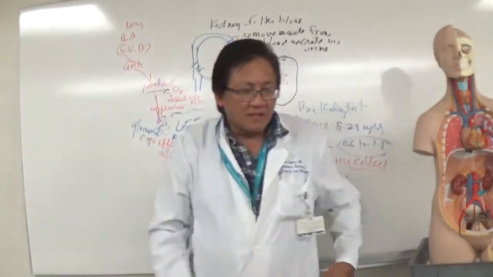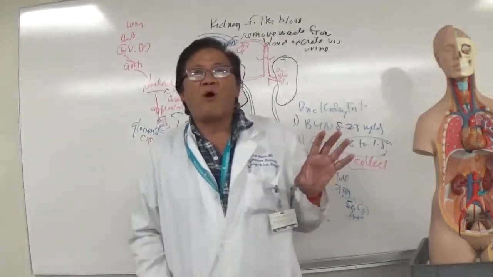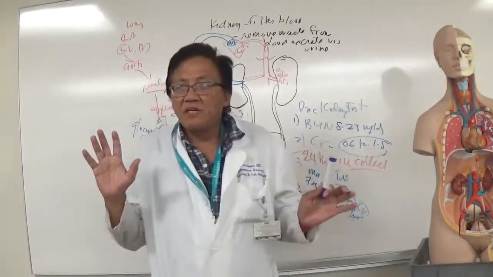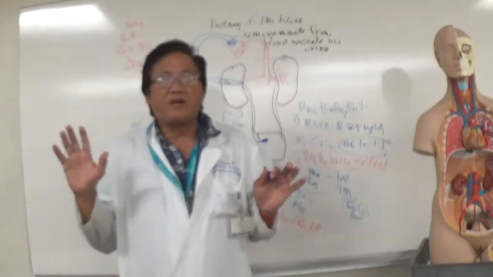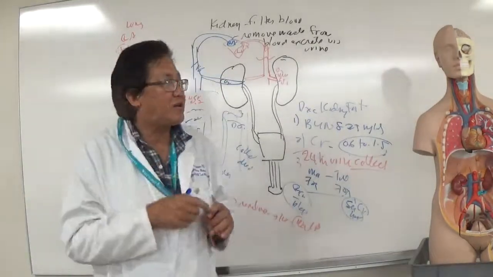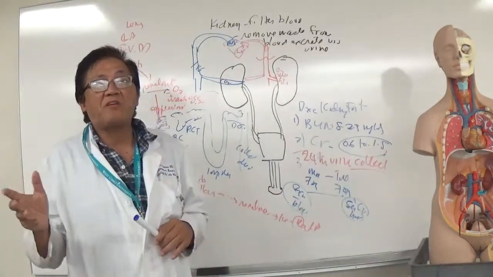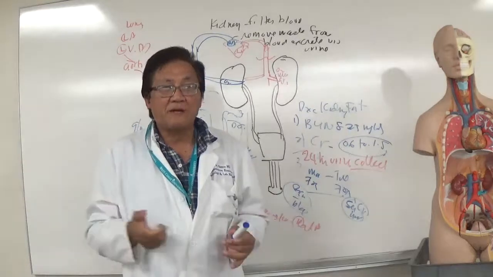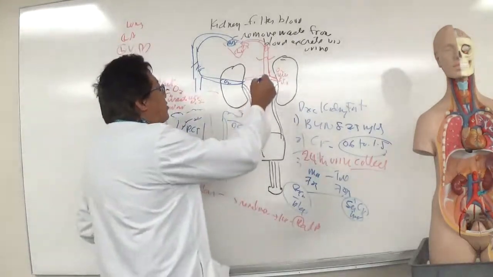Okay? Now, why is kidney stone problematic? Remember this. In renal injury and failure, it's called pre-renal, intra-renal, and then what? Post-renal. What exactly do you mean by pre-renal? Pre-renal kidney injuries causing damage to the kidney means the problem is where?